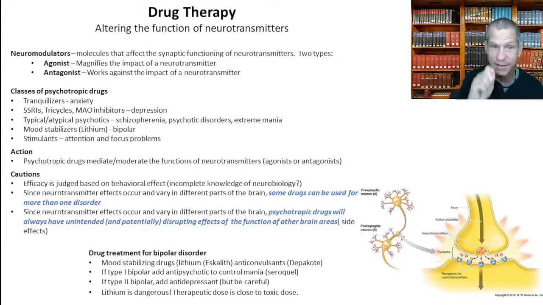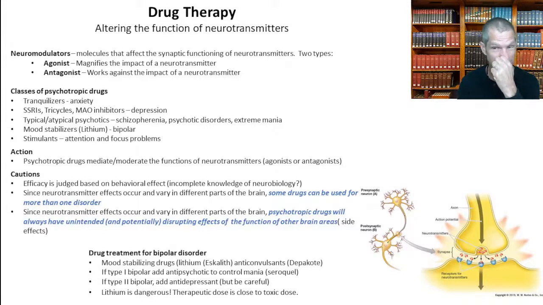Instead, it is based on the behavioral effect. The doctor will give you the drug and say, do you feel happier? If you say no, the doctor will then give you another drug and say, do you feel happier? And they're really just kind of shooting in the dark, giving you drugs to see how they affect your behavior. What's going on in your brain? Your doctor does not know.